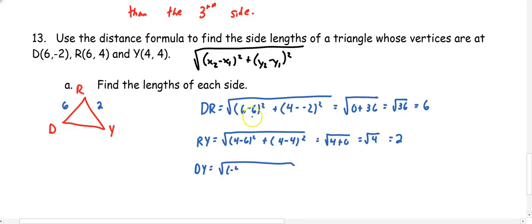So I have 4 minus negative 2 squared plus 4 minus 6 squared. So 4 minus 6 is negative 2 squared is 4, plus 4 minus negative 2 is 6 squared is 36, which gives us a square root of 40, which is equal to 6.32.